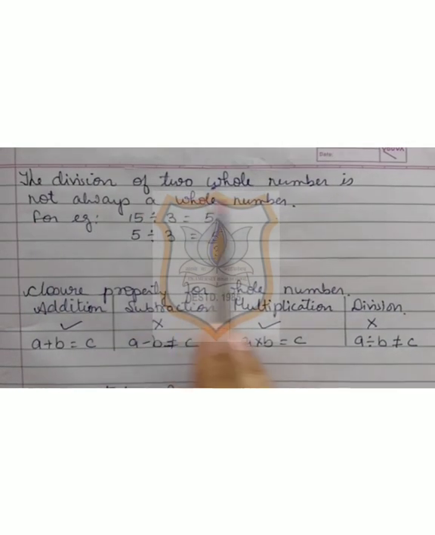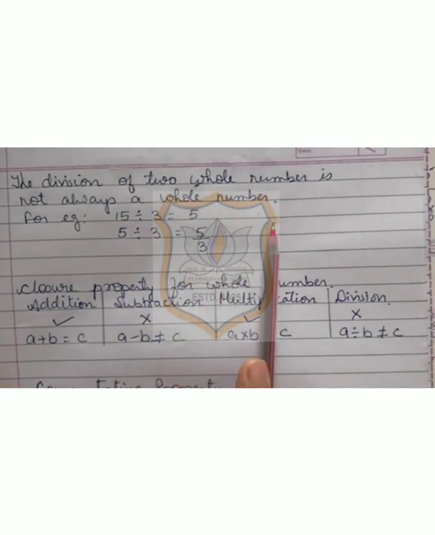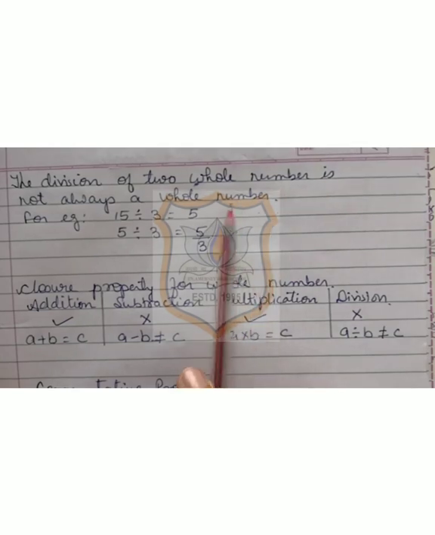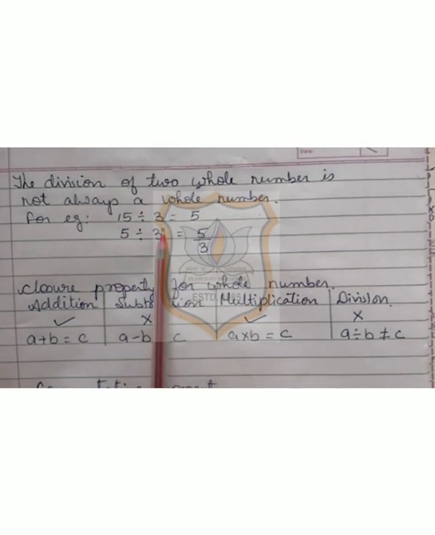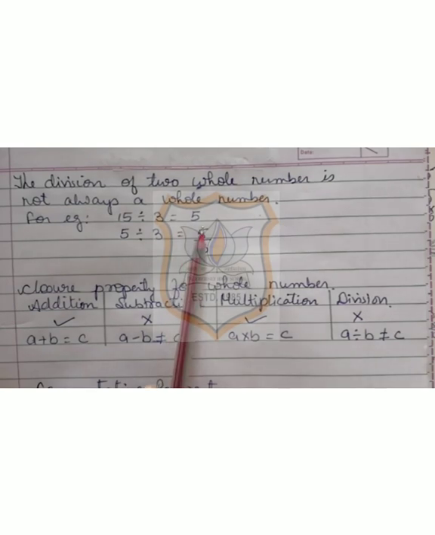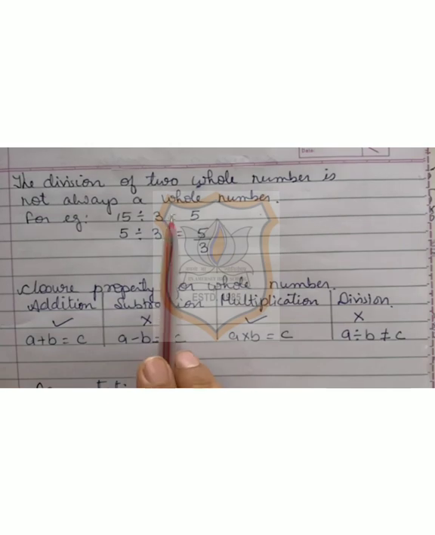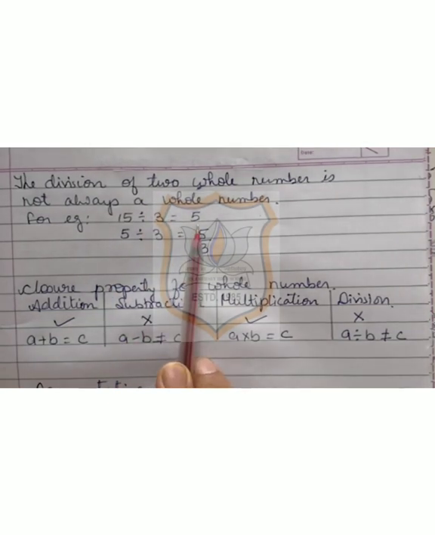The division of two whole numbers is not always a whole number. If we divide any two whole numbers, it's not necessary that we get the answer in a whole number. For example, 15 divided by 3 is equal to 5. So here 15 is a whole number, 3 is also a whole number, and by dividing these two numbers, we get the answer 5, which is also a whole number.